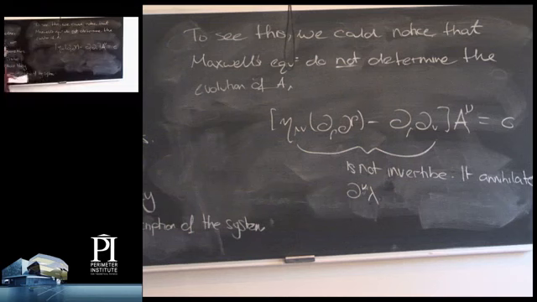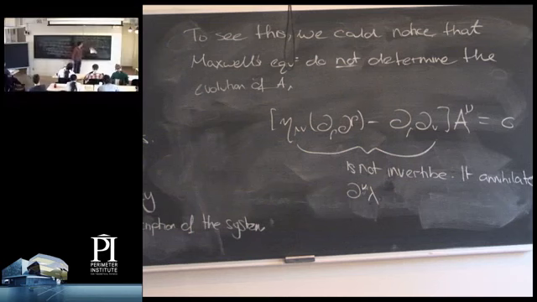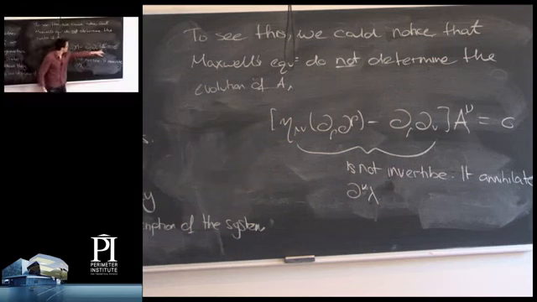Okay, so these are Maxwell's equations written in terms of A. This is the second order differential equation that you get. This is just d mu F mu nu equals 0. But this is not invertible. In particular, it annihilates anything of the form d, a derivative of some function, that you put on the right-hand side of this operator.